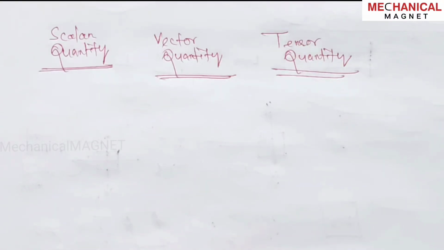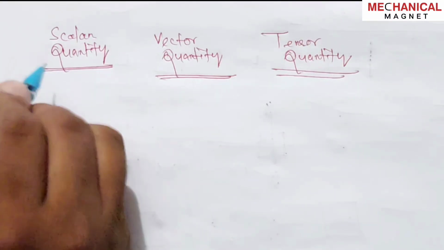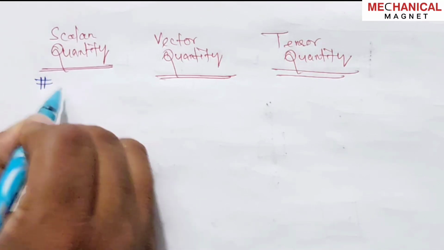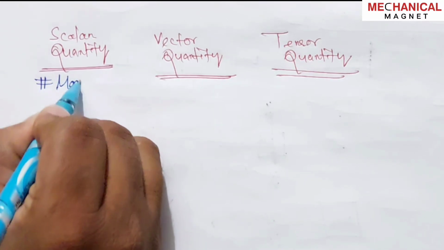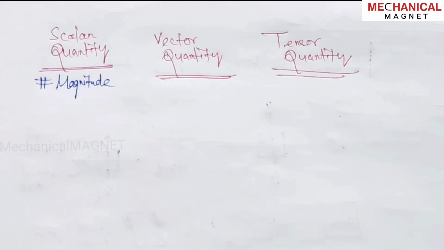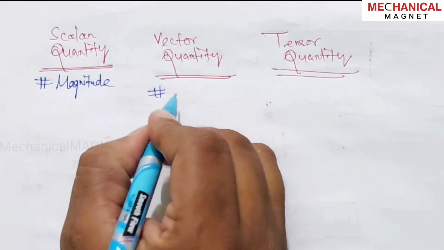चलो शुरू करते हैं। तो क्या होता है स्केलर में? हम सबको पता है स्केलर मीन्स इफ द magnitude there, then it is a scalar quantity. Exactly what is the vector?